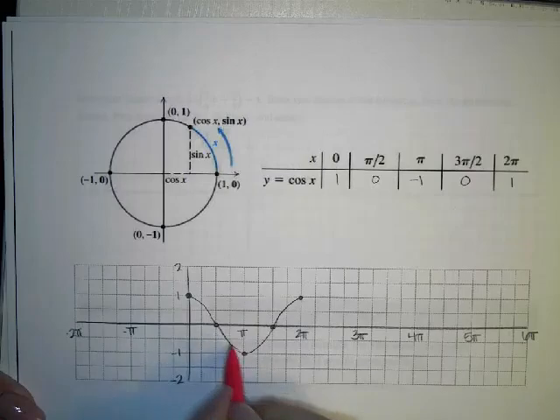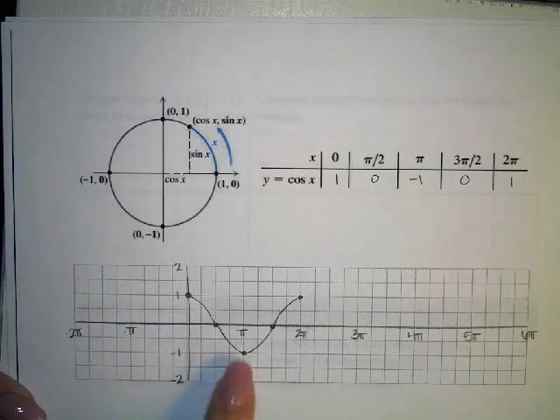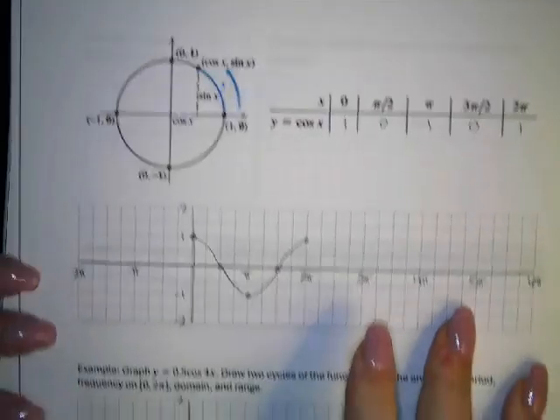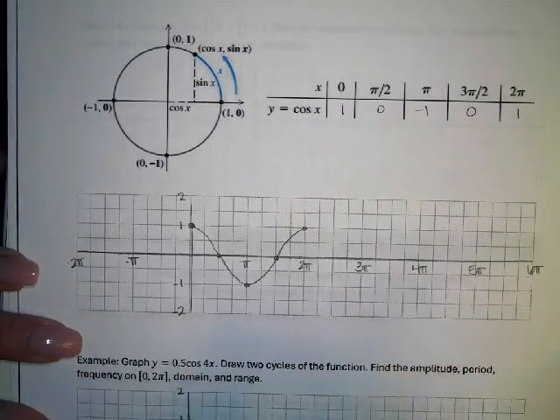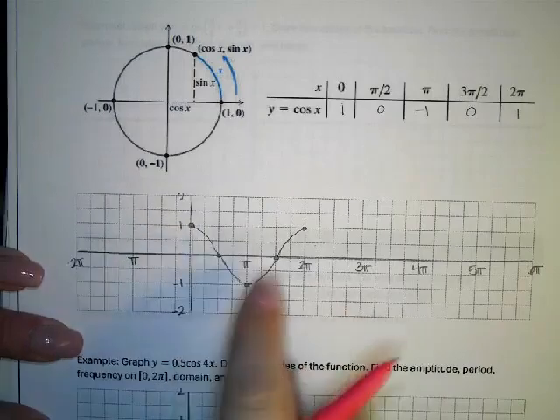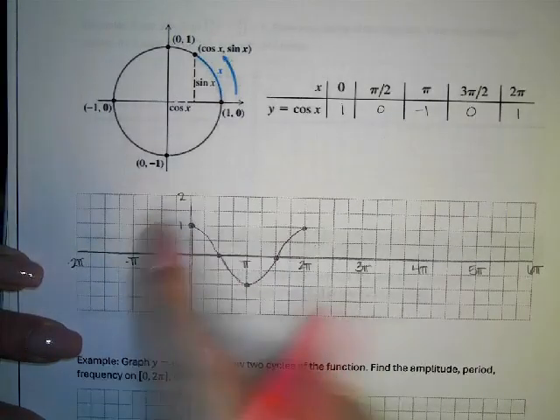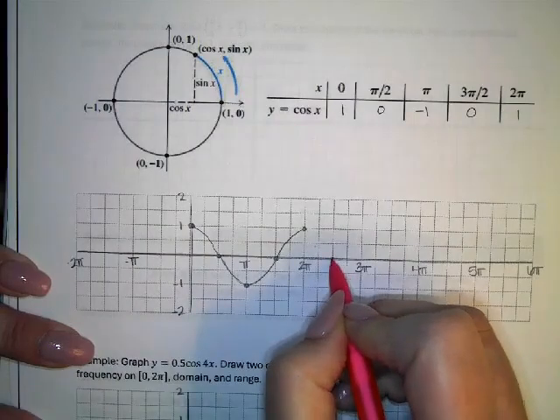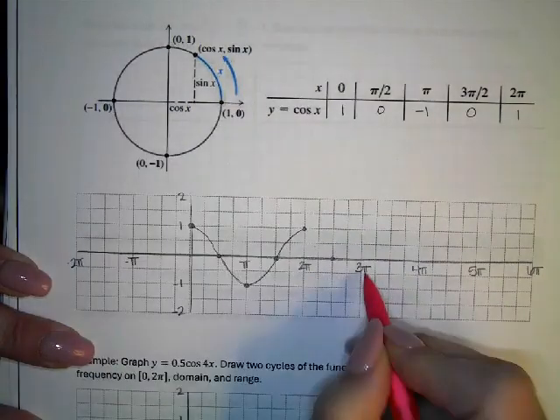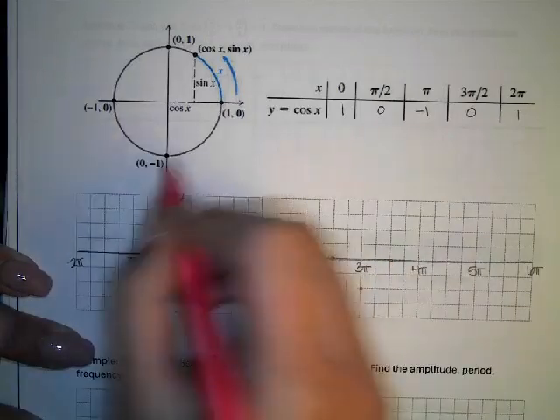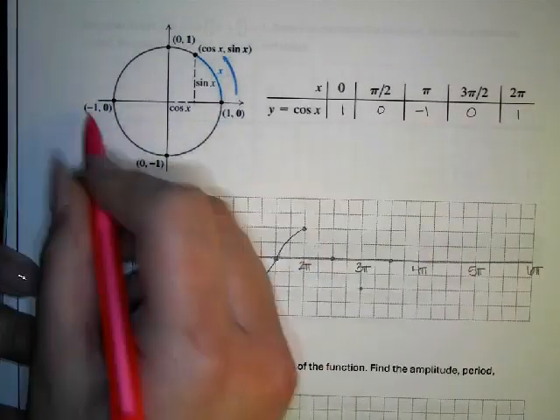And until we do another cycle of it, you don't really recognize it as being the same as a sine curve, even though we know it is because we're still repeating the same values. So if I continue to do more cycles of the graph, then I'm going to have 0 next, and then -1, and then 0, and then +1.